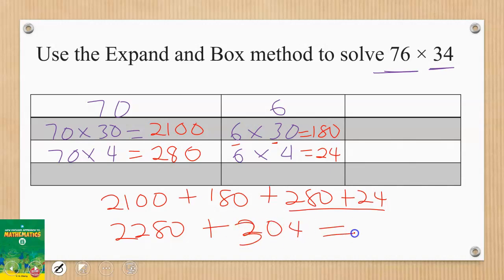So when we put all together, it will give us 2584. Right, so that becomes the answer for multiplying 76 times 34.